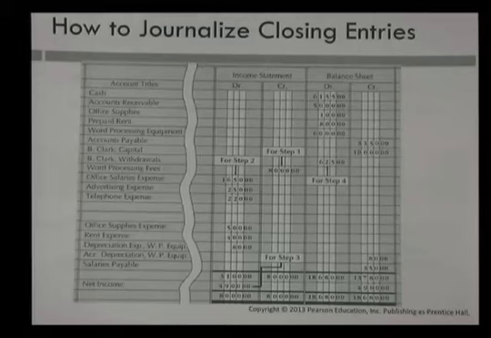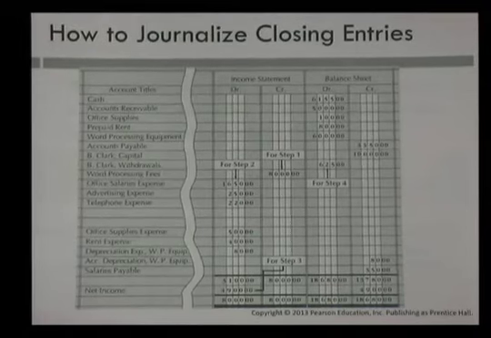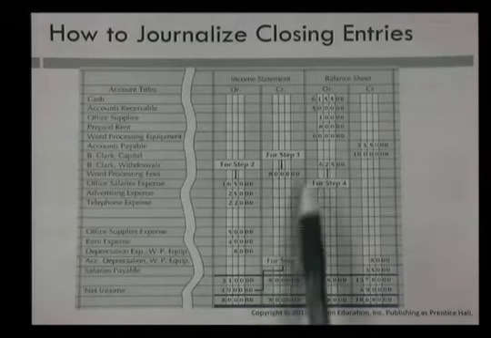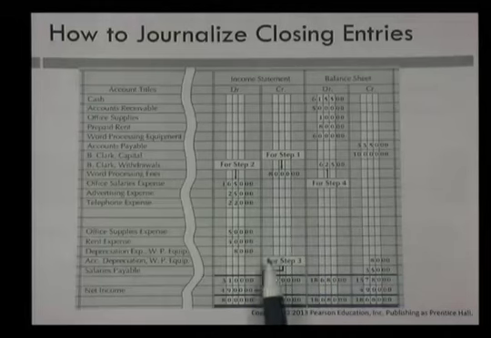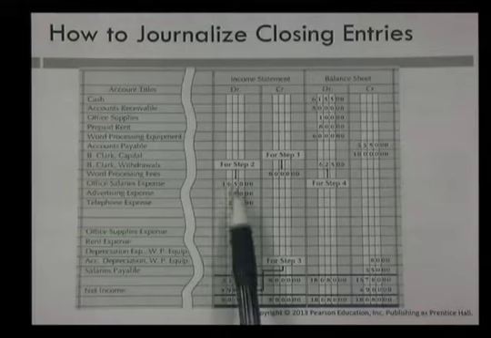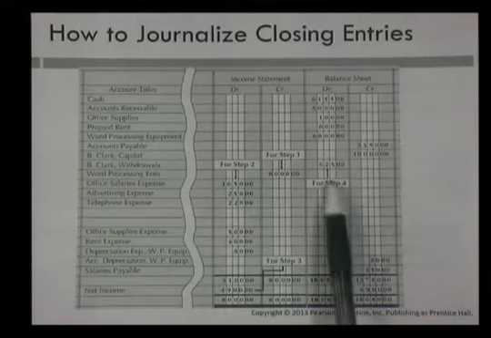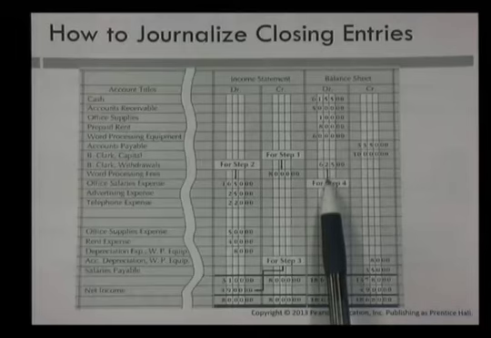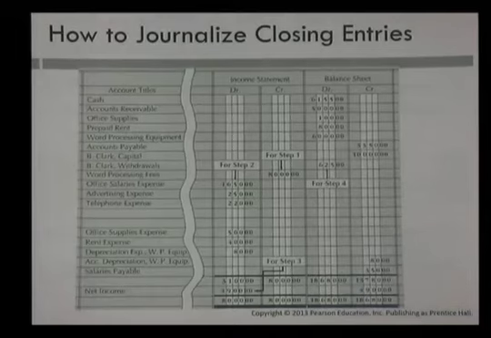Here is a worksheet. In this worksheet, you will see that they have closed the accounts. All the temporary accounts are on the income statement. So we see our revenue, all our expenses, there is our net income, and there is our withdrawals. So let's look at the first entry.